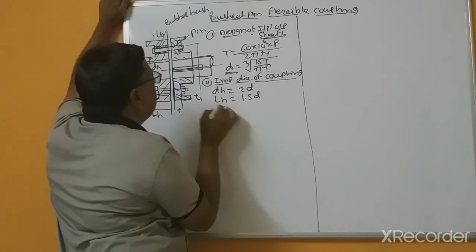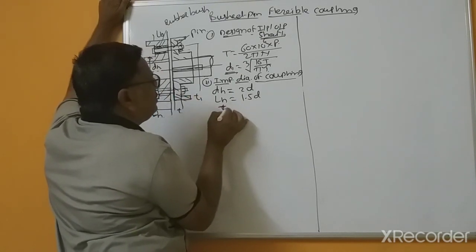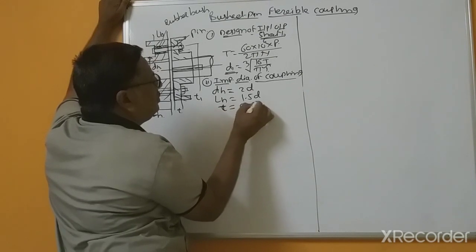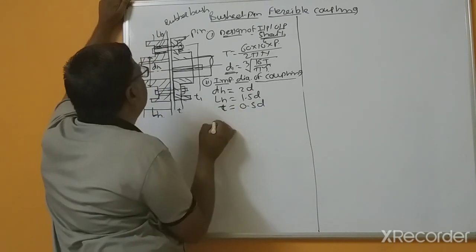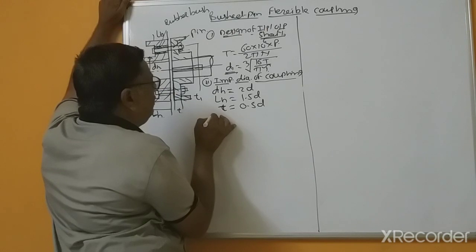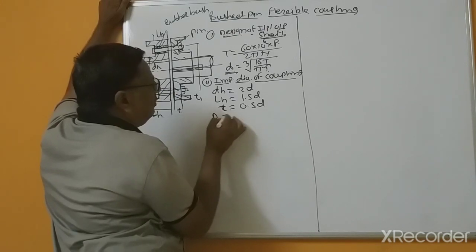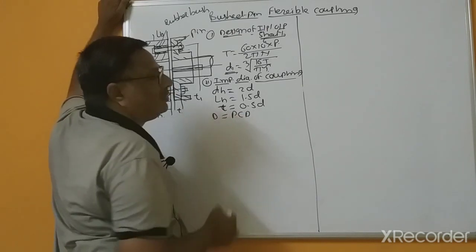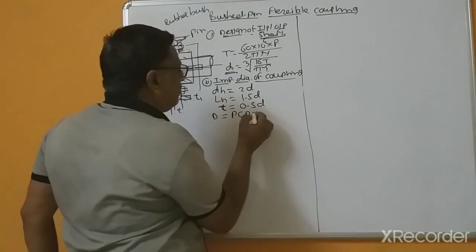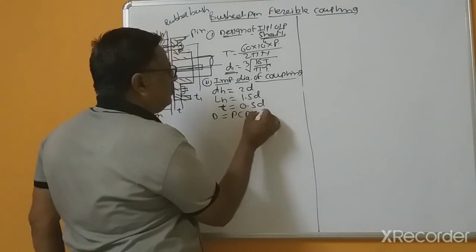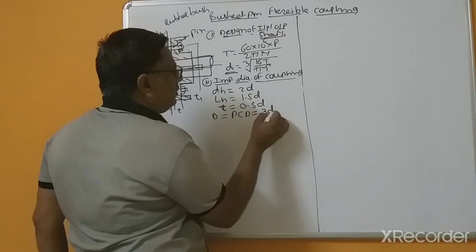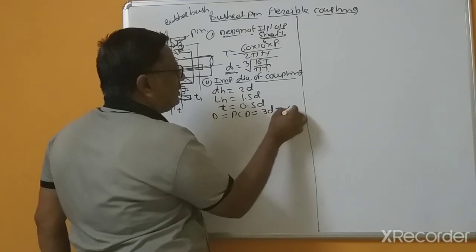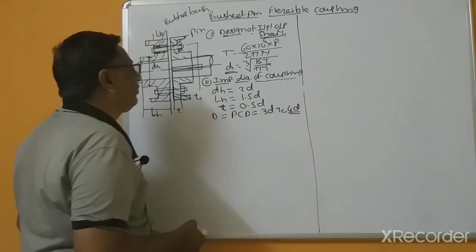Thickness of the flange, T, is 0.5D. PCD, capital D, the pitch circle diameter, is generally 3D to 4D, generally 4D.